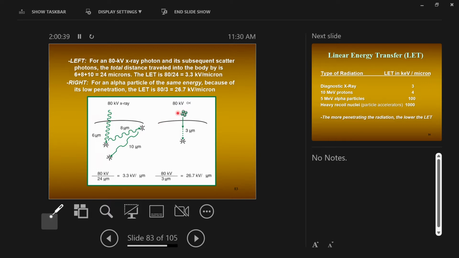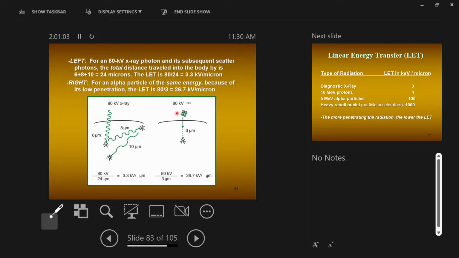Contrast that against an alpha particle. An alpha particle is what type of thing? I said it. It's a particle, right? So there's particles or waves. Those are the two types of ionizing radiation. X-rays are waves. Alpha particles are particles.